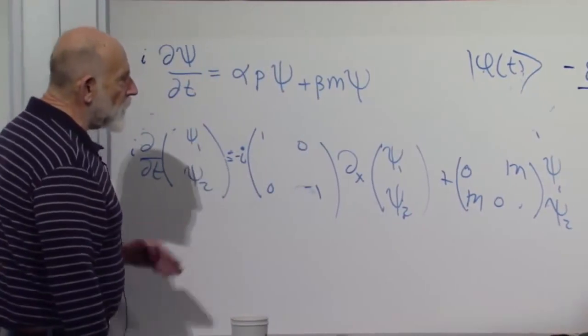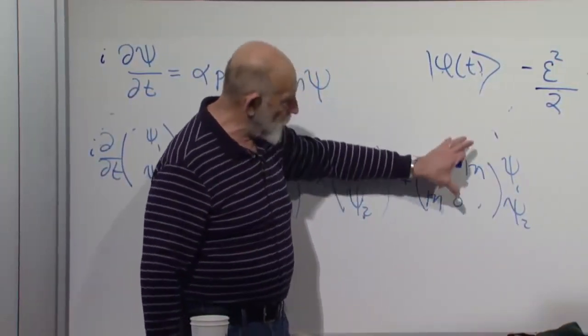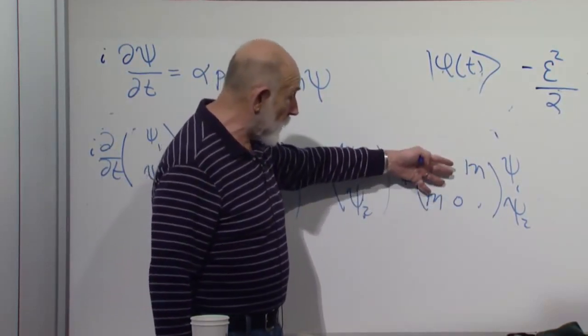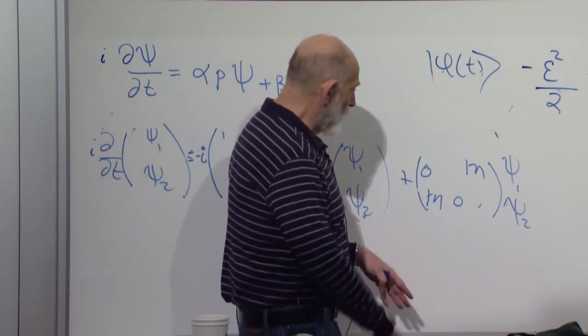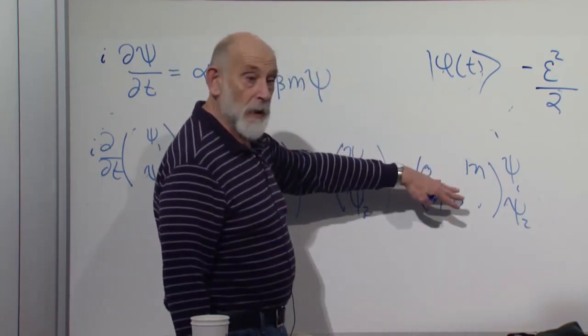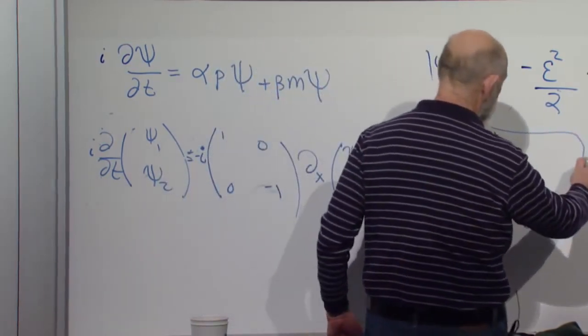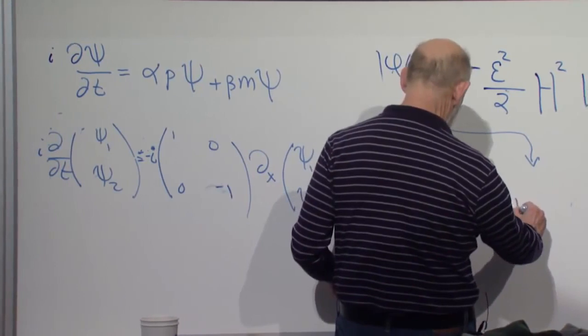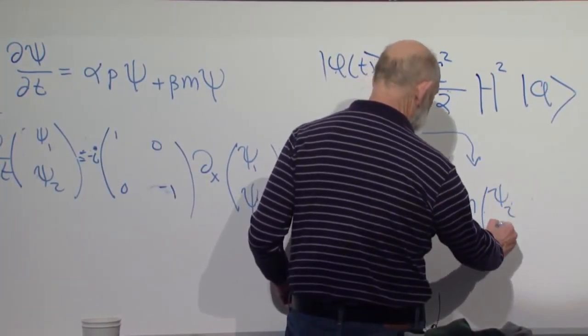If we write out this term, we'll find that because the beta is off diagonal, what does this do? It switches psi 1 and psi 2. So this term here just becomes m psi 2, psi 1.